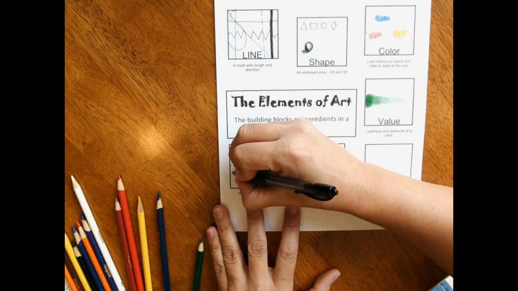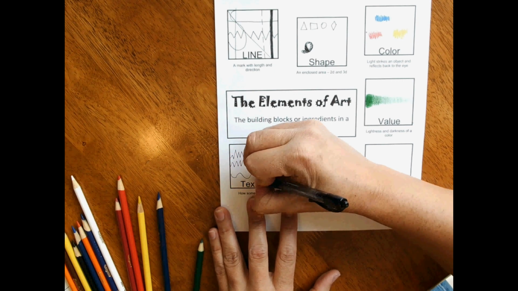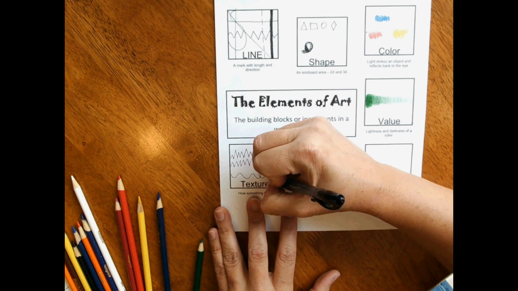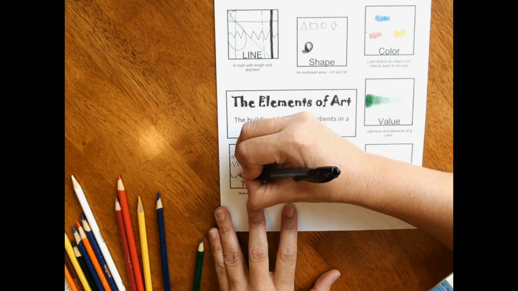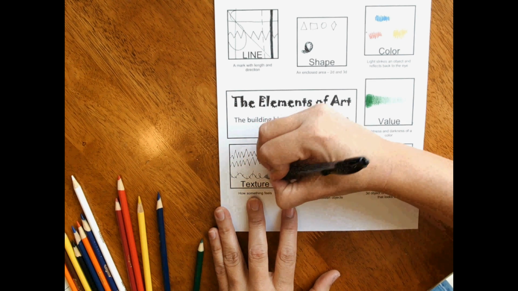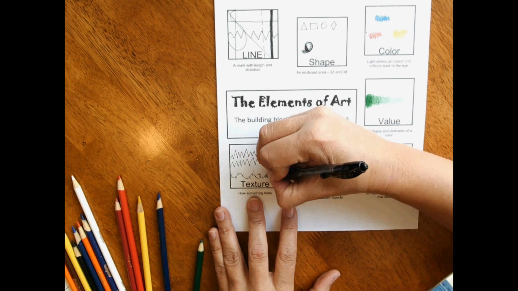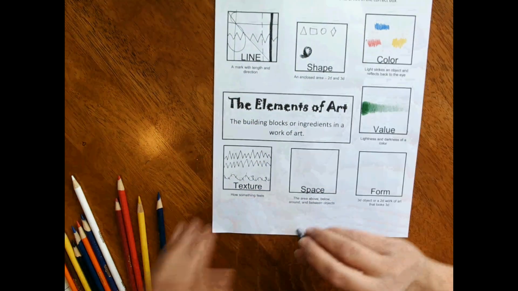Now let's do something, see if I try to do a barbed wire fence. It has spiny things on it. It's texture.